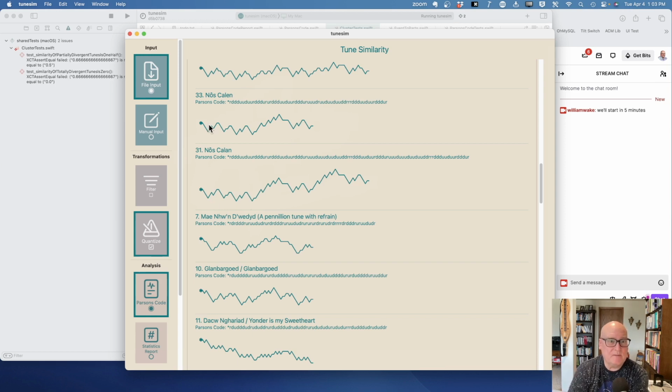These two, 33 and 31, if you laid them over, they'd be pretty close to no differences up to here, and then this one has a little bit of a tail that's different. Whereas if you took this one, 7, it goes down further, it goes up differently, it goes down further, it goes up. It's going to have some difference.